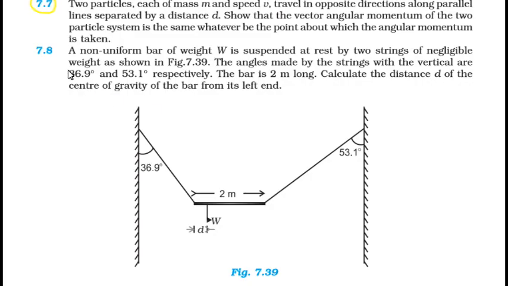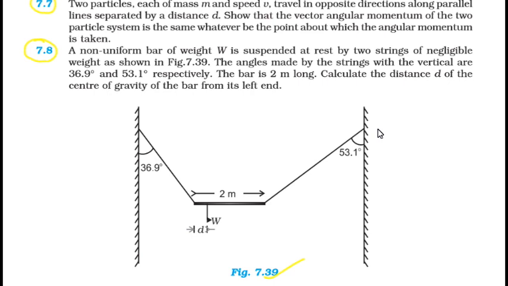So our next question is 7.8. A non-uniform bar of weight W is suspended at rest by two strings of negligible weight as shown in figure 7.39.